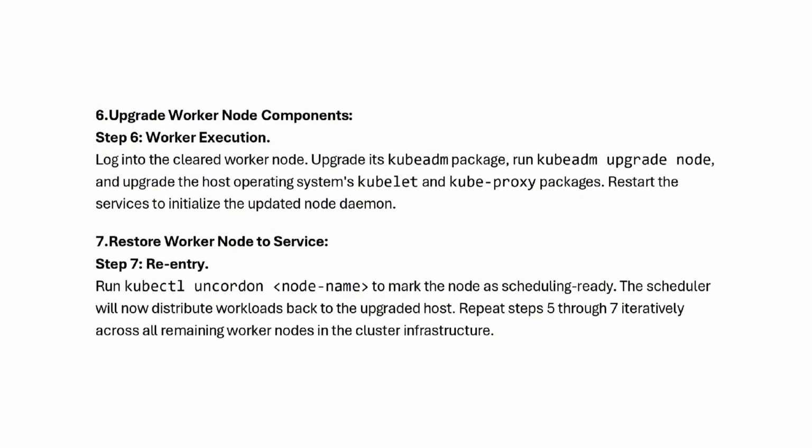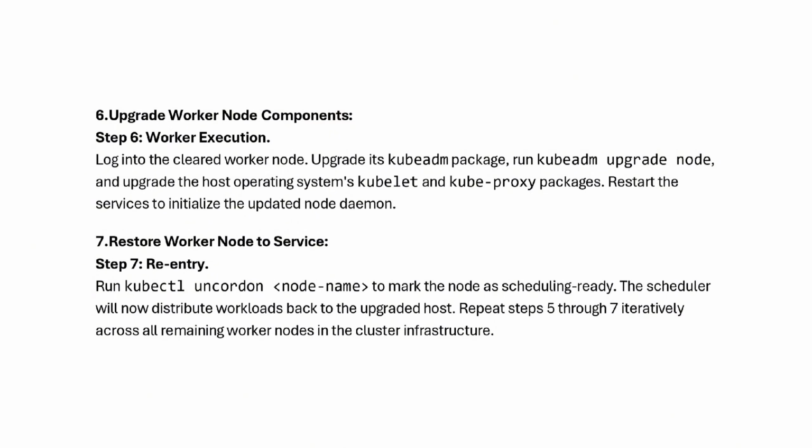Then we restart the services to initialize the updated node daemon, and then we perform kubectl uncordon with the node name to mark it as scheduling ready. So the scheduler will distribute the workload back to the upgraded host, and we repeat the steps on other nodes in the cluster infrastructure.